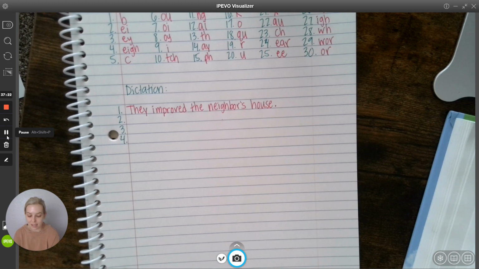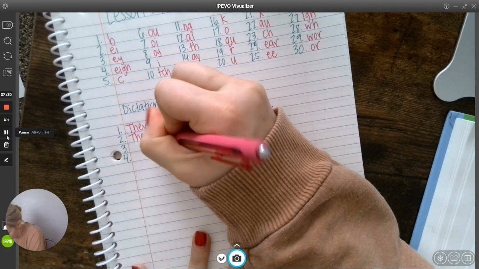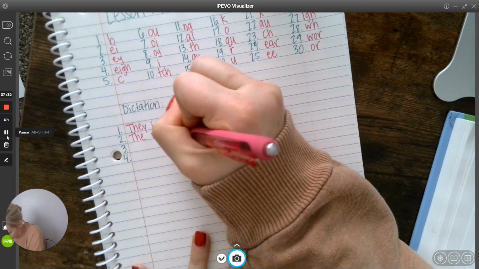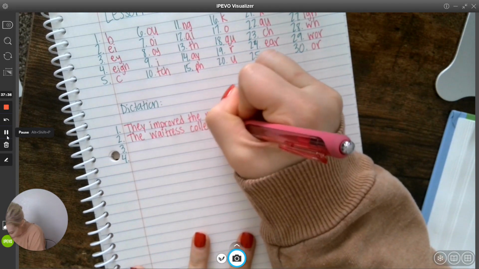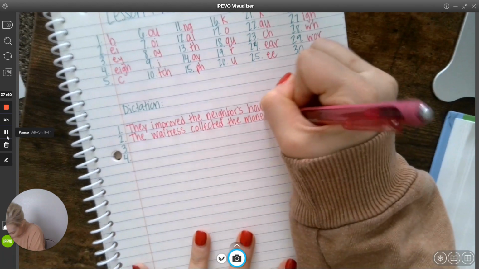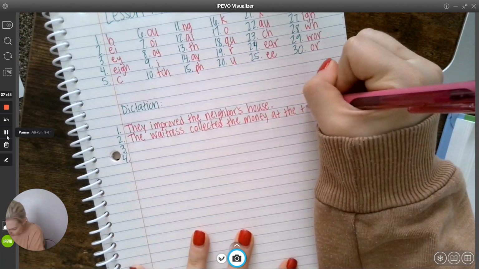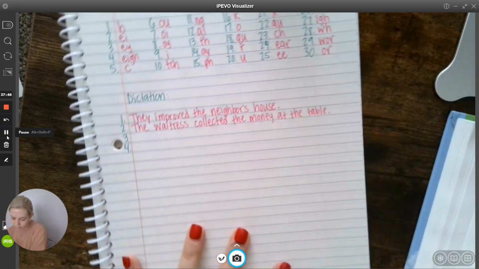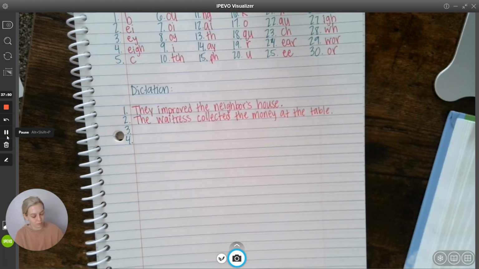The waitress collected the money at the table. Check your work.